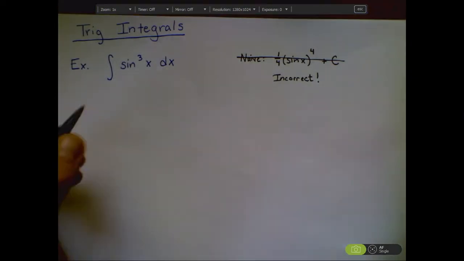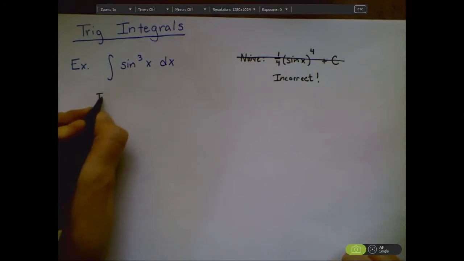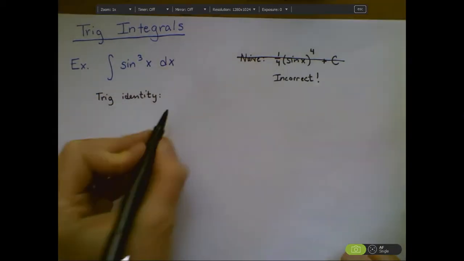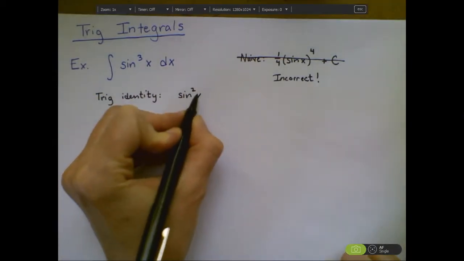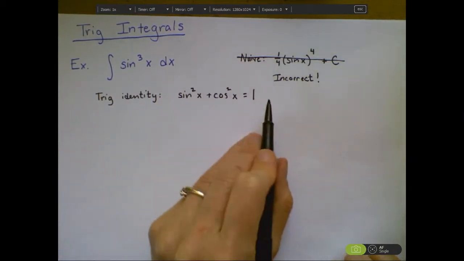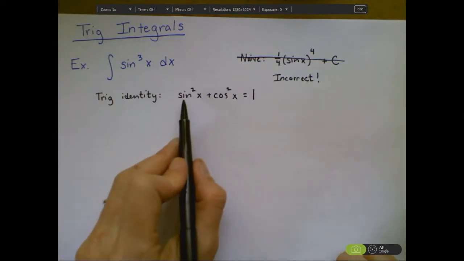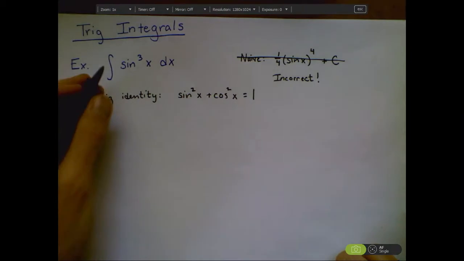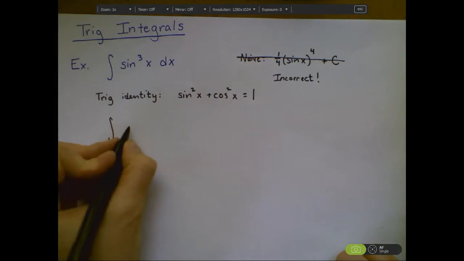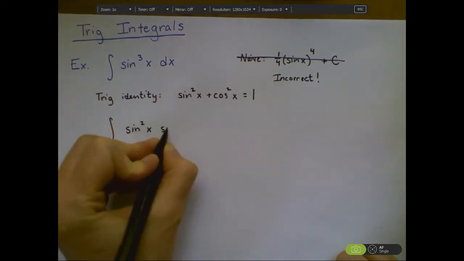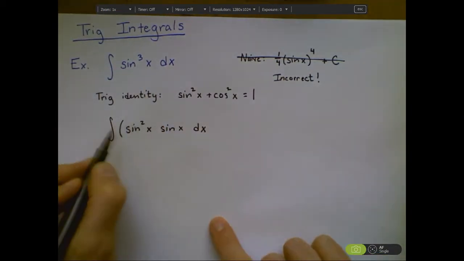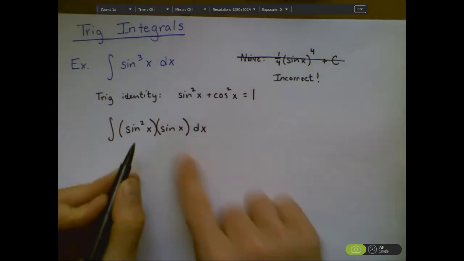We're going to make use of some trig identities. I know that sine squared x plus cosine squared x is equal to 1, and that just comes from the Pythagorean theorem. And that means that I can rewrite this original integral as the integral of sine squared times sine, because sine cubed is 2 sines multiplied by each other times another sine.